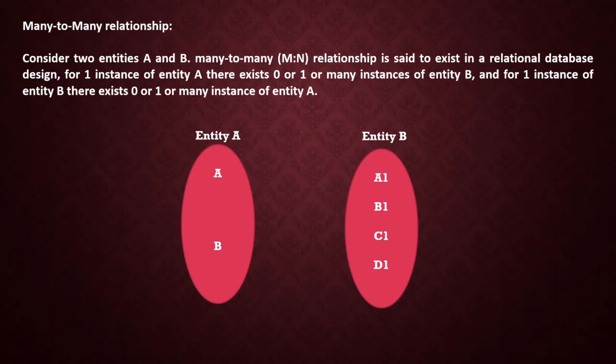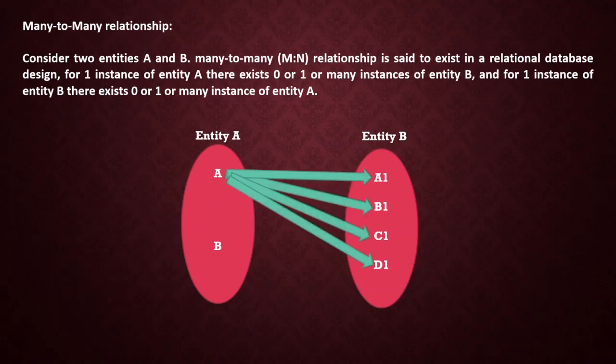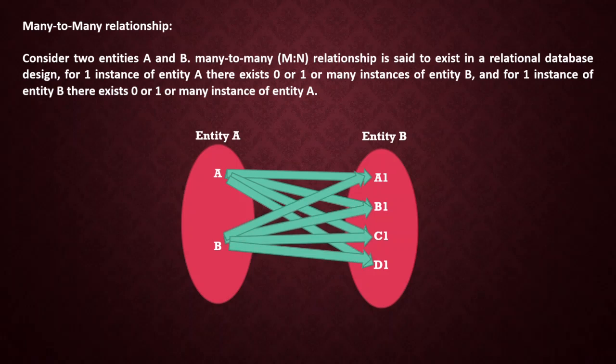So the entity A database, the entity A is related with all the entities of database B. And the entity B is related with all the entities of database B. Such a relationship is known as many-to-many relationship. An entity of a database is related with all the entities of the other database.